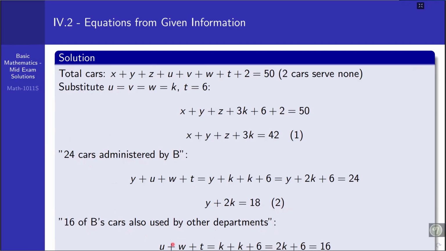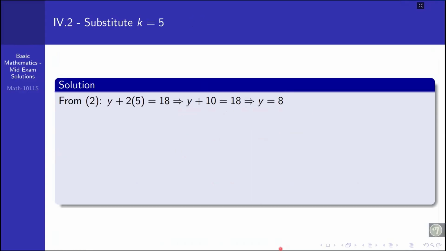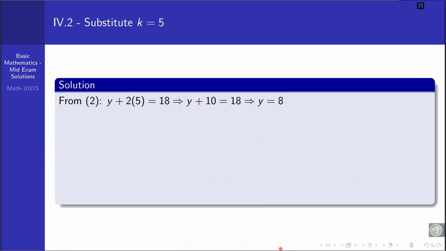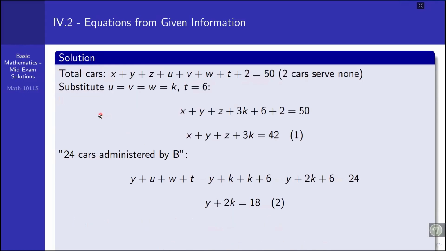So U plus W plus T, which is K plus K plus 6, is equal to 2K plus 6, which is equal to 16. Therefore, we have 2K is equal to 10.